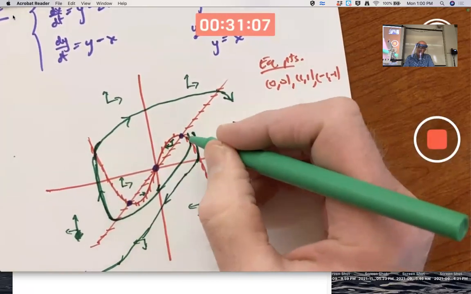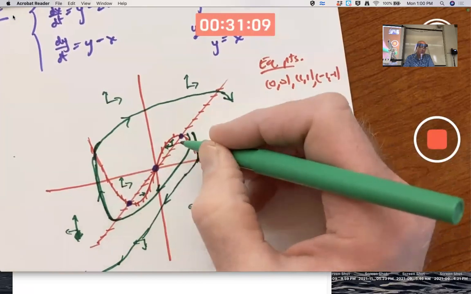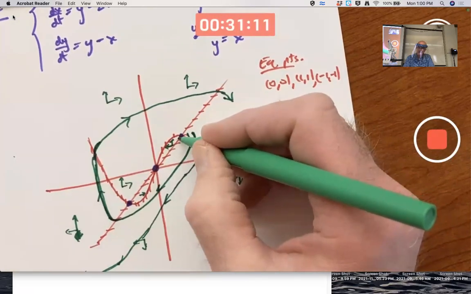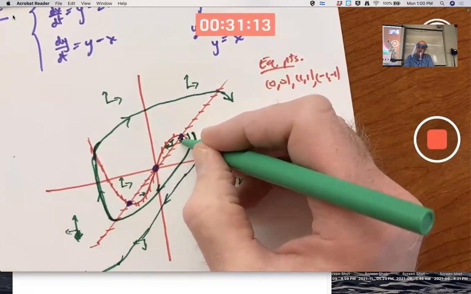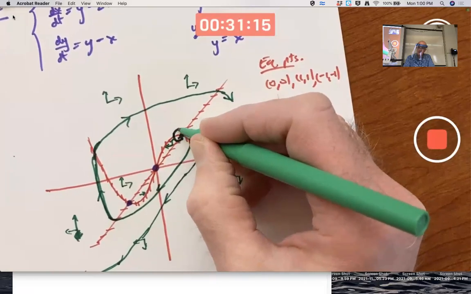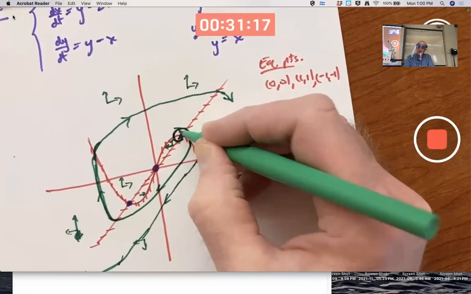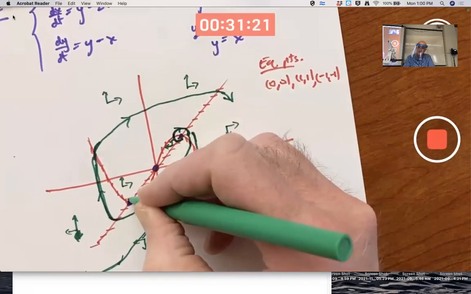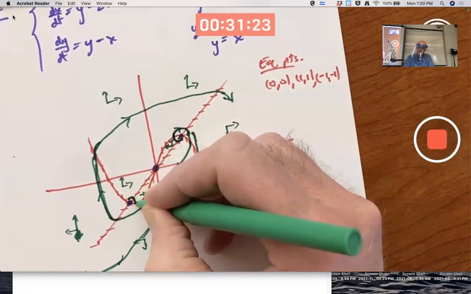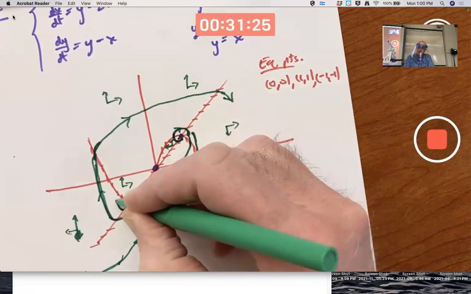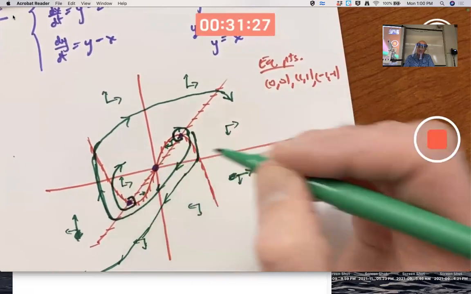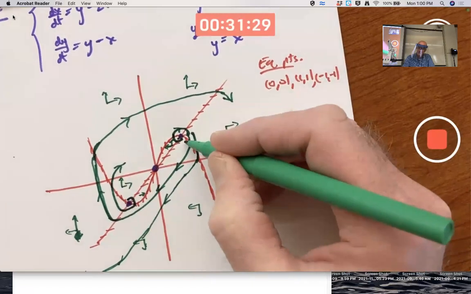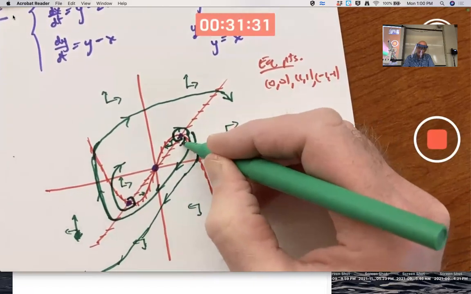I should probably also add more solutions close to the equilibrium points to, for example, emphasize this is a spiral source in here. For example, draw arrows, and this one's a spiral source. You're almost forced to go away from them if you do this carefully enough.